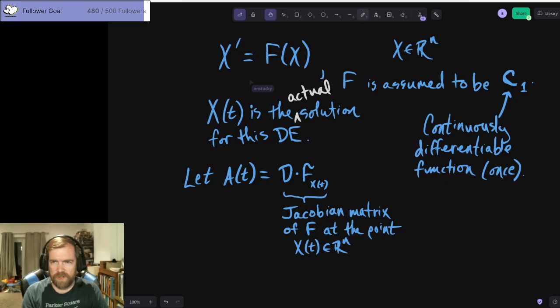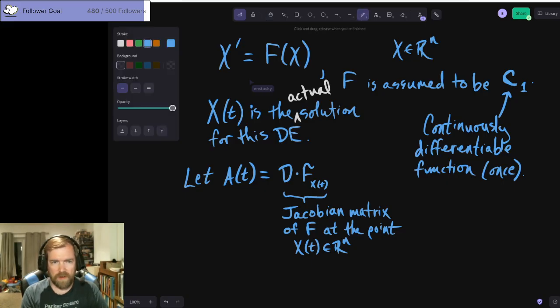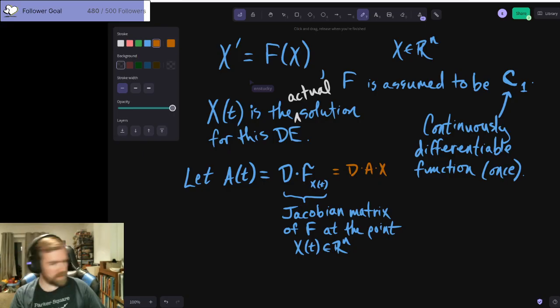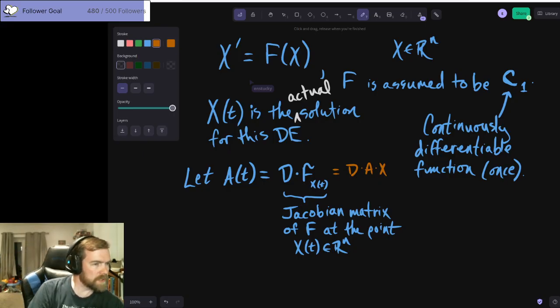In previous terms then, in stuff that we learned from last time, this would have been diagonalized times A times X. Okay. Which our diagonalized matrix had bits that also had inverses in it.